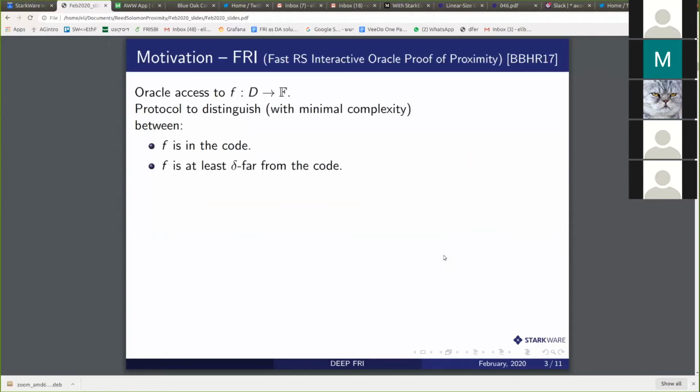So now I want to explain why or how FRI works. And there are, briefly, I'd say 3 components in a STARK. There's arithmetization, which, if you saw one arithmetization, let's say in the IP equals PSPACE proof, then it will look similar.